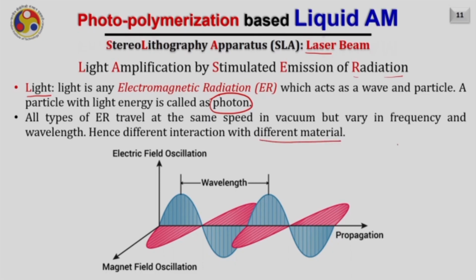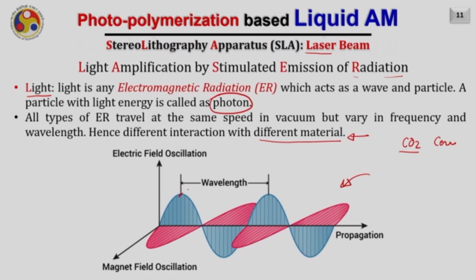That is why we sometimes say that CO2 laser is good for ceramic and solid state lasers are good for metals. This is because of the different wavelengths of these particular lasers, because different wavelengths give different interaction with different materials. So this is how a typical electromagnetic radiation looks like.